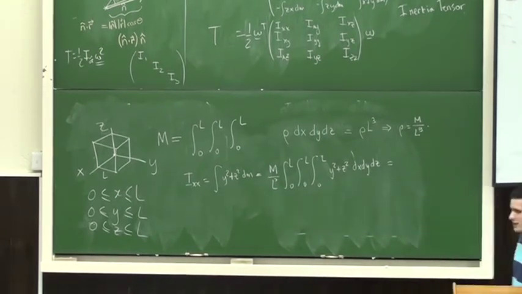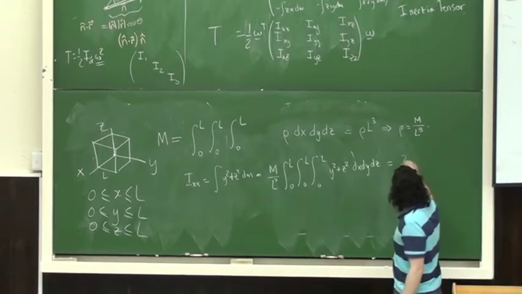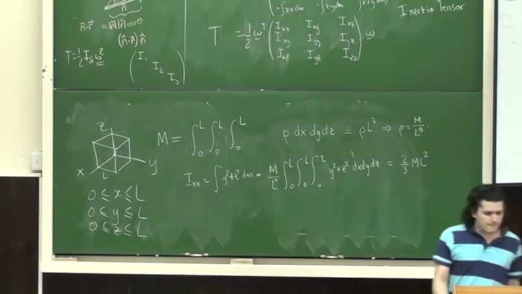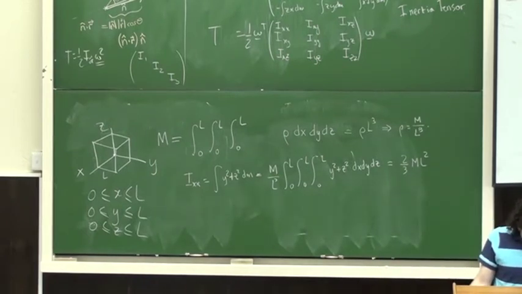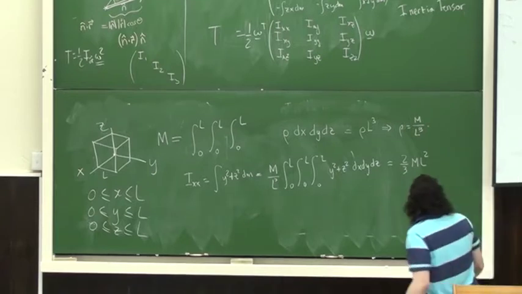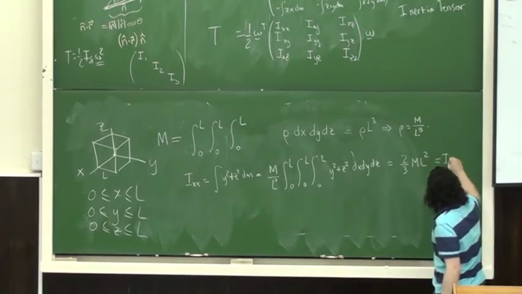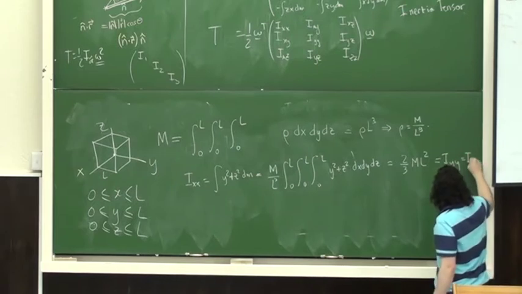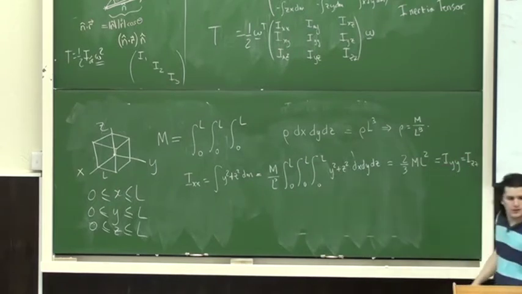Computing that integral is really just a matter of performing the math. I'm not really in the mood for going through the steps, but I think that's the answer. You're welcome to check me. And this is then also equal to Iyy and Izz.